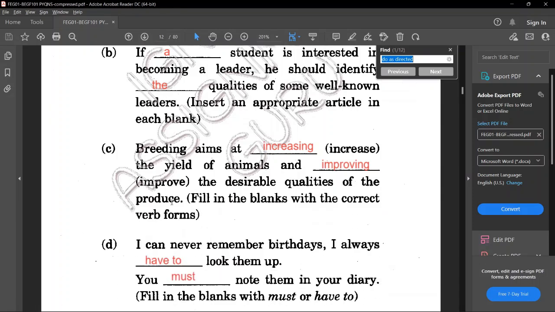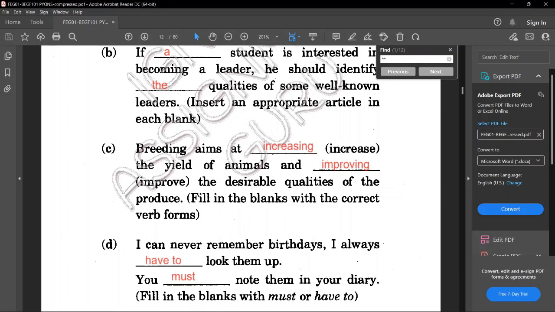Next, C. Breeding aims at blank (increase) the yield of animals and blank (improve) the desirable qualities of the produce. Fill in the blanks with correct verb forms. As I told you, verb forms may be different tenses of the verbs provided already. So it may be to increase, increasing, increased, will increase, or to improve, improving, will improve, etc. In this case, "breeding aims at increasing the yield of animals and improving the desirable qualities of produce" will be the right form.